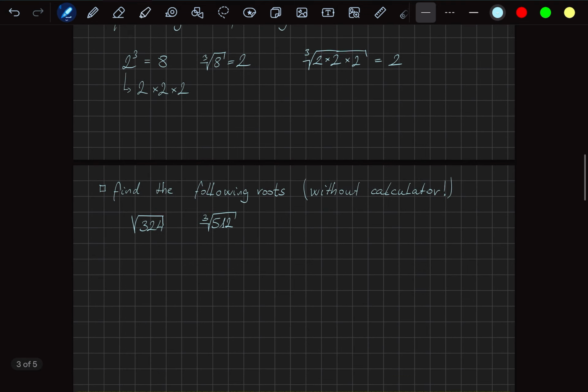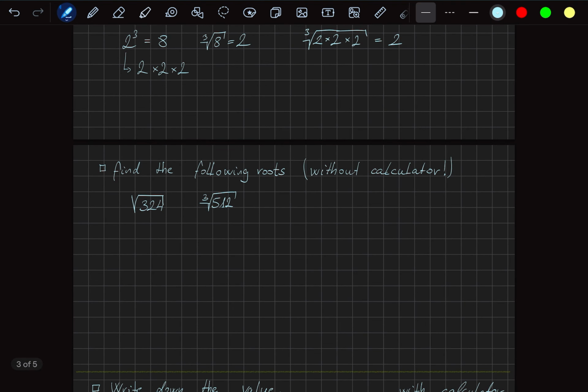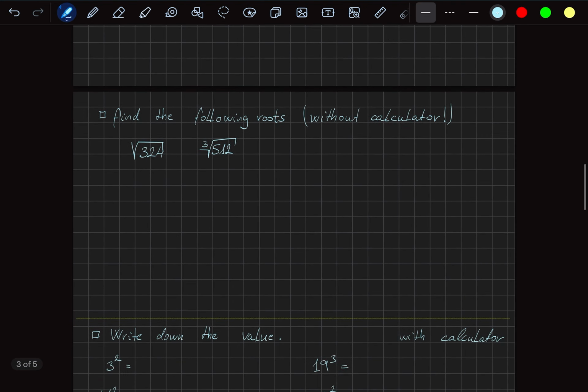Okay, some problem. Find the following roots without calculator. How can we find a root without calculator? We will just break the number into a prime numbers product. So we will multiply.